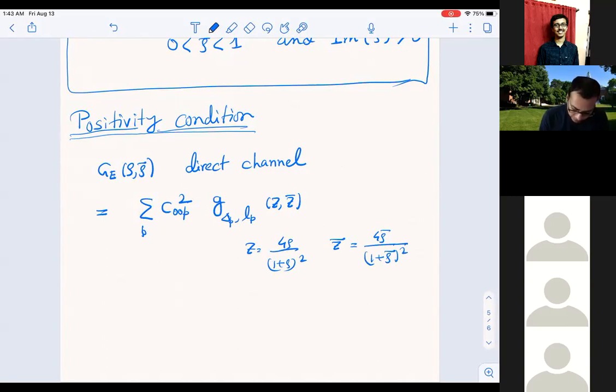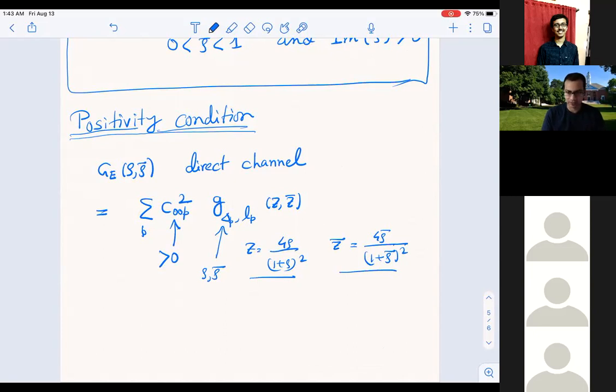There is something very interesting that one can derive just from CFT axioms. From the CFT axioms, we know that this is positive because the OPE coefficients are always real. And also one can check that you can expand these conformal blocks in rho and rho bar. Any conformal block, when you expand in rho and rho bar with this identification for Z and Z bar, also has a positive expansion.